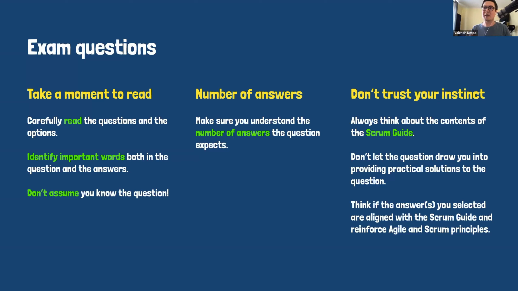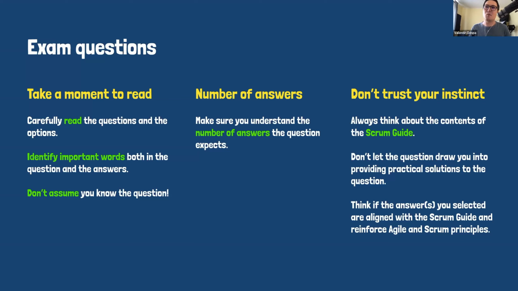So what you need to understand, especially if you have practical experience in the field, is that you need to always approach questions from the Scrum Guide perspective. Scrum certification doesn't care about your experience, doesn't really care so much about how you would solve a particular situation if you would encounter that right now in your life.